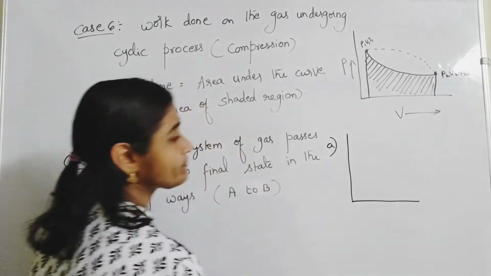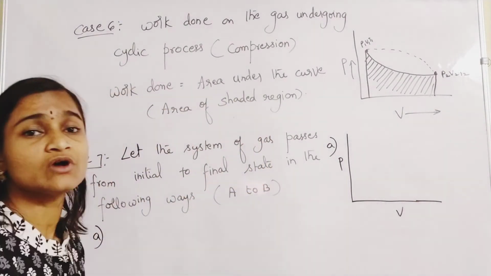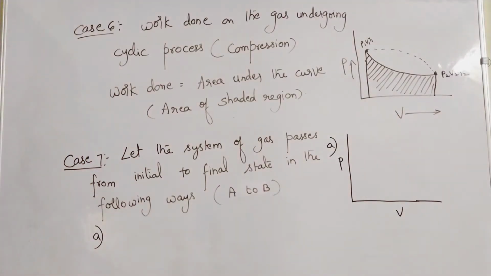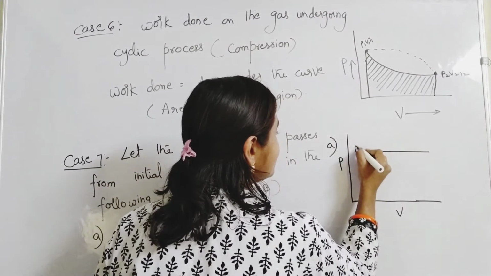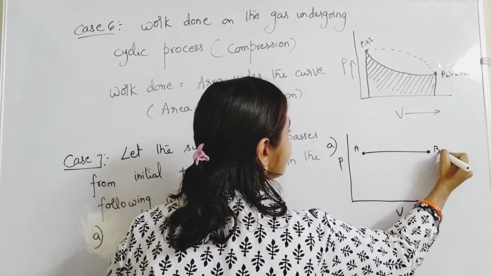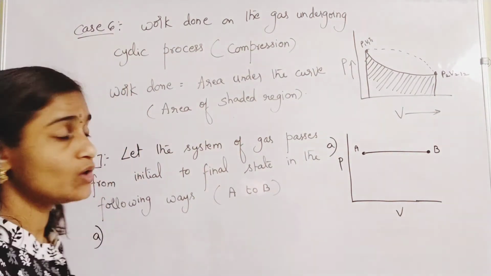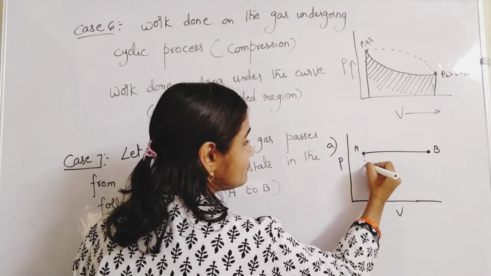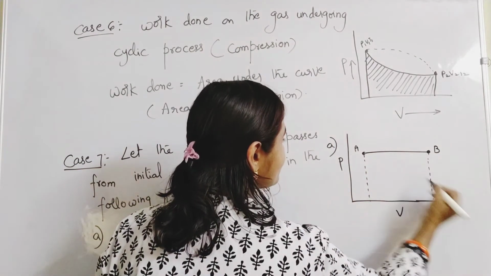Graph A, like this, is drawn between P and V. The process is happening from A to B. In this case, as we have studied, just join this and take the area of the shaded region.